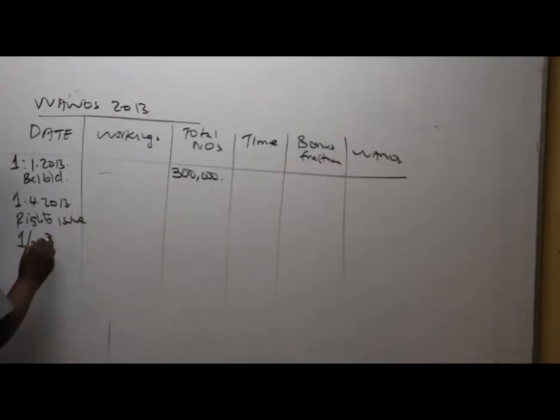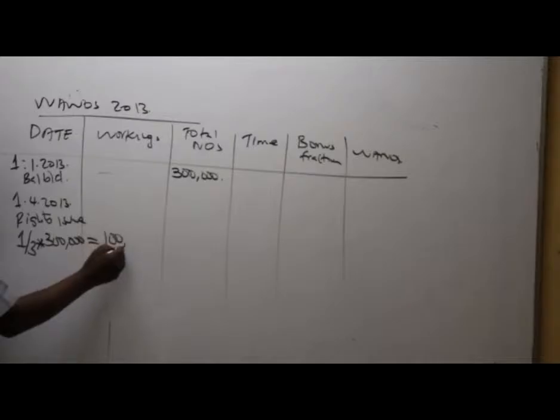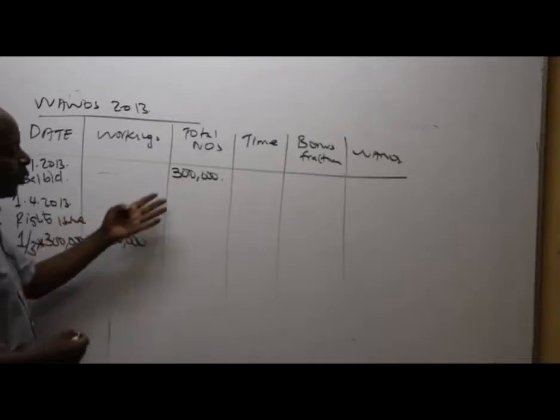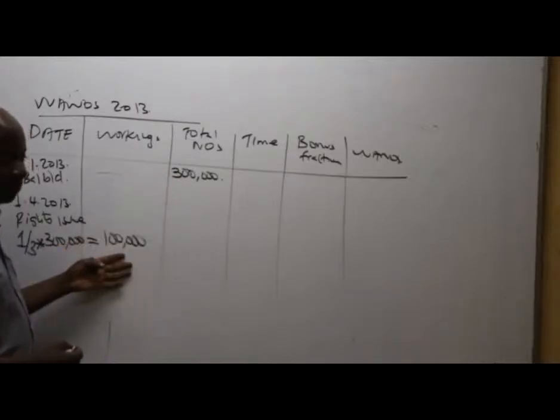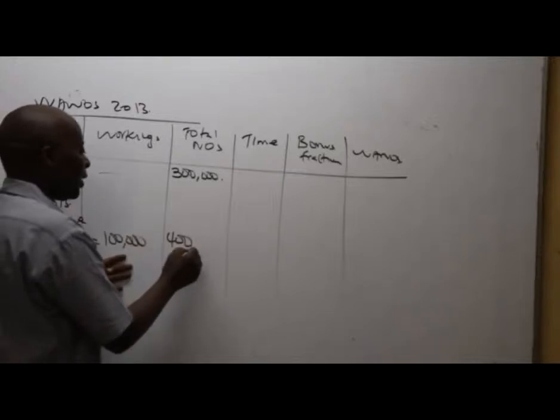Outstanding number of shares here are 300,000, right? Which will give me how many shares here? Under the rights issue, we have 100,000. So cumulatively, how many will we have? 400,000. Thank you very much.